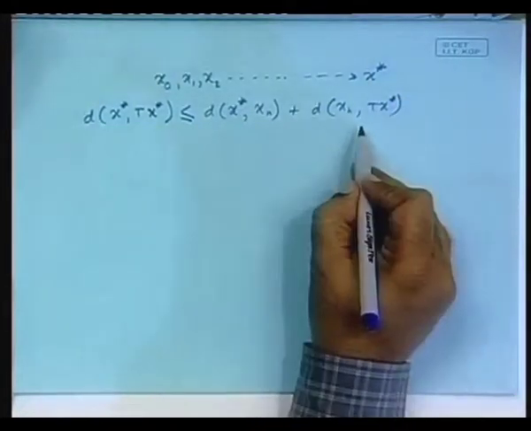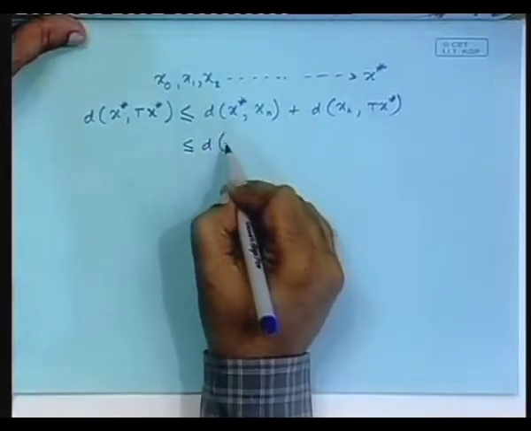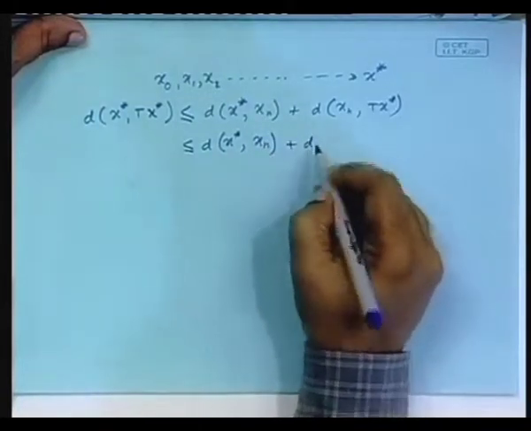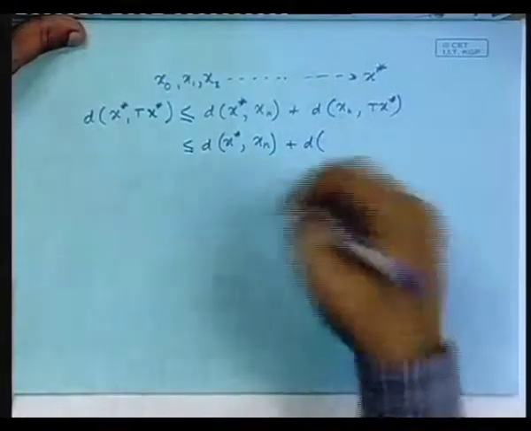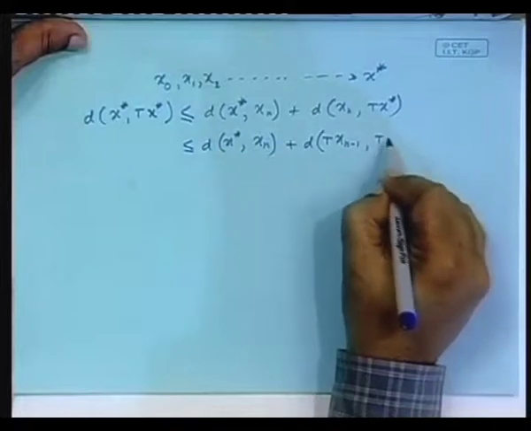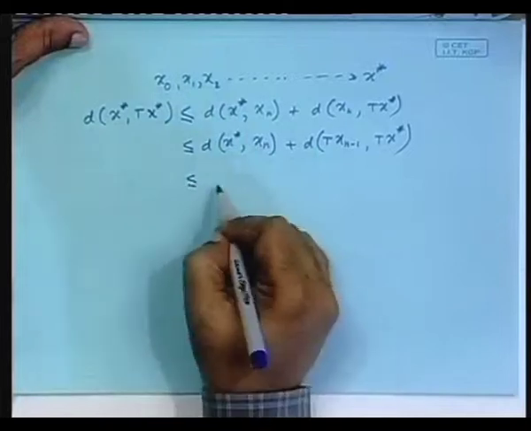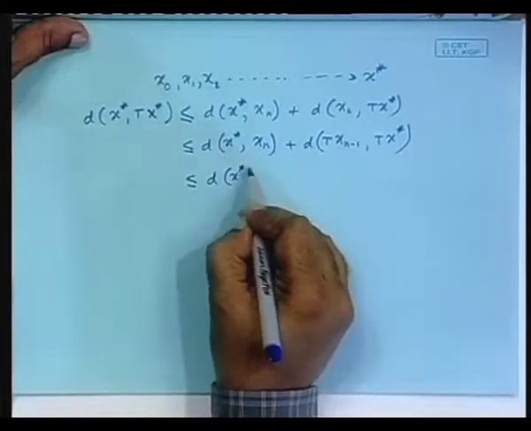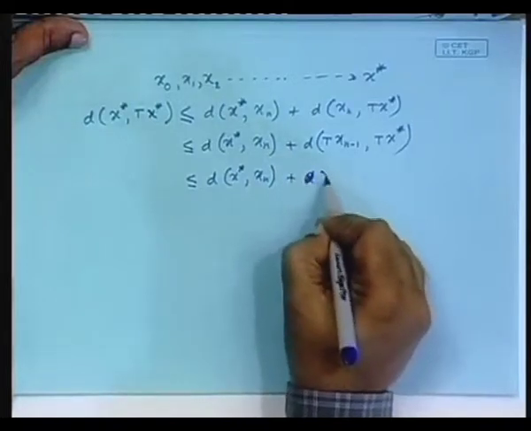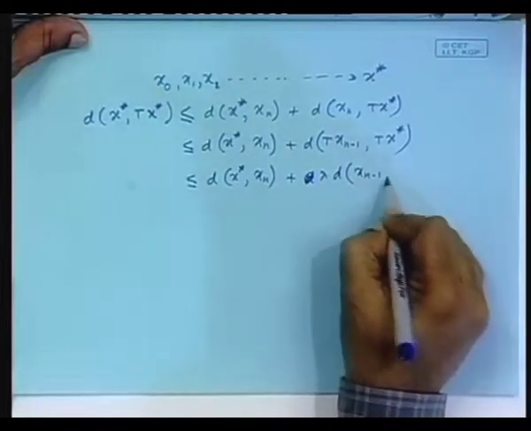We are using the triangle inequality. So this is nothing but less than or equal to d of x star x n plus d of, we will just take one step back, T x n minus 1, T x star. Now we can again write this as d of x star x n plus, sorry, lambda will take out, d of x n minus 1 x star.